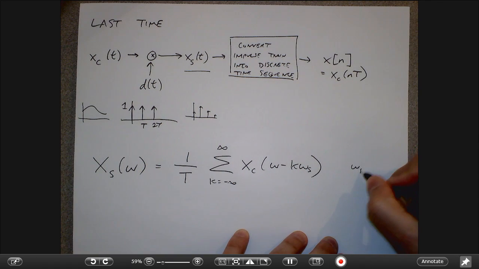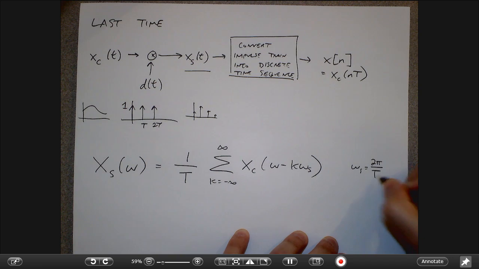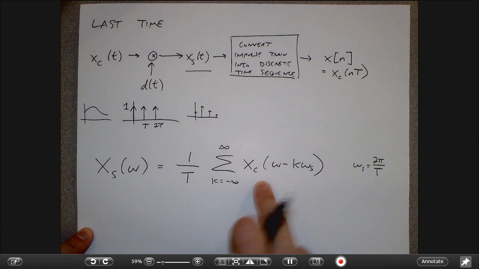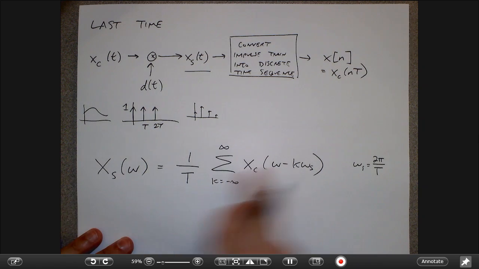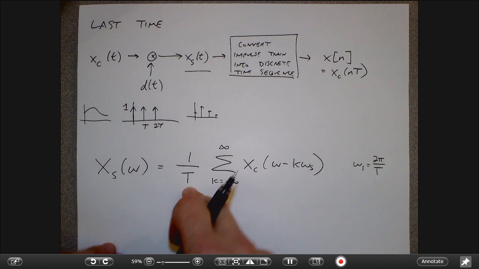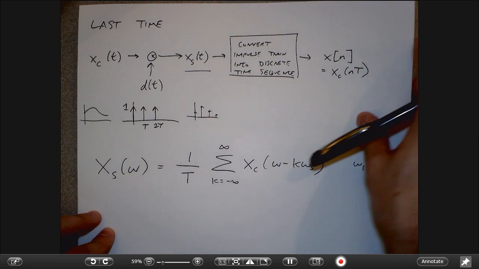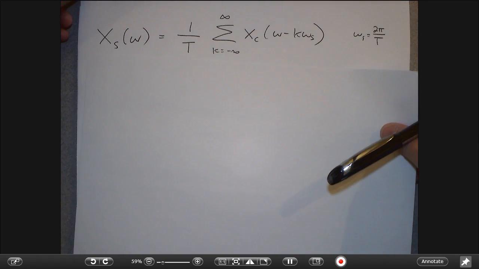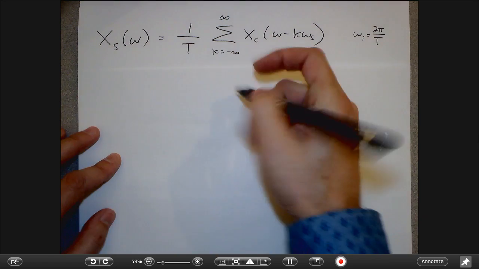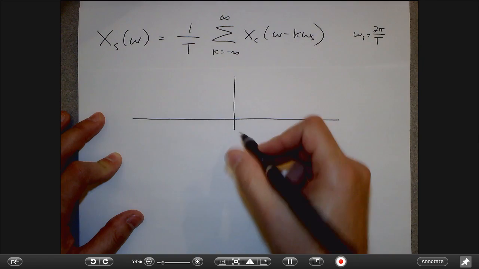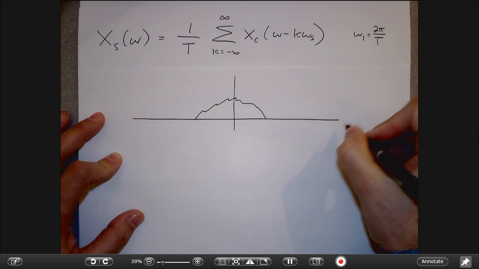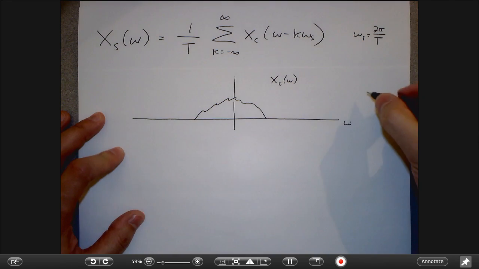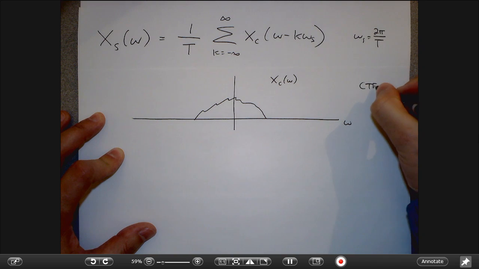What this formula means is that I get a bunch of copies of the continuous time signal, and those copies are centered at multiples of the sampling frequency, and they're 1 over T high. To make that a little more understandable graphically, let me draw a sketch. If this was my original signal, again, this here is the continuous time Fourier transform.